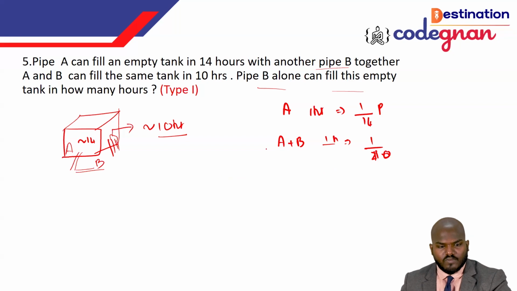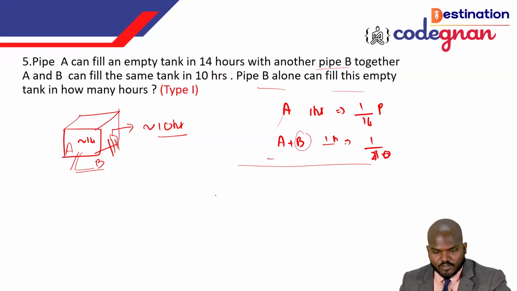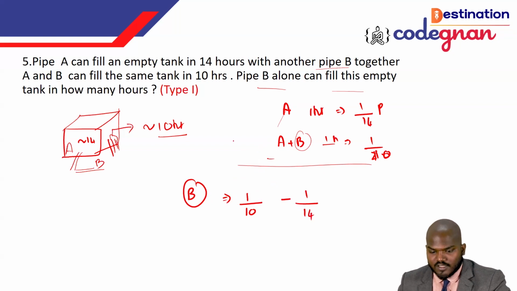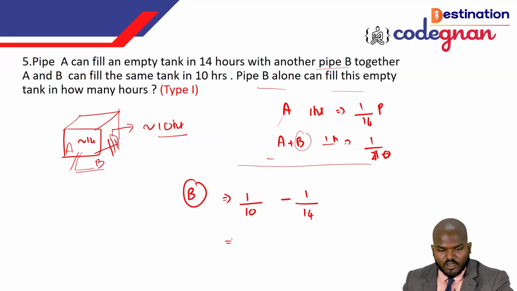So we need to find B alone. If I subtract A, A and A cancel, and I get the value of B directly. To find B, I take 1 by 10 equals A plus B, so minus 1 by 14. A and A get cancelled, so I can take the LCM directly as cross multiplication: 14 minus 10, and the LCM is 140.